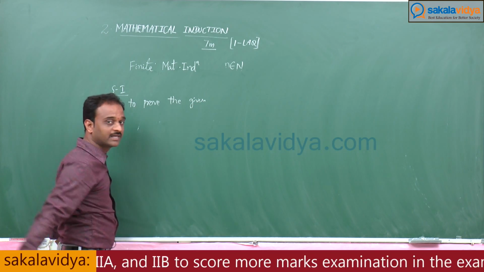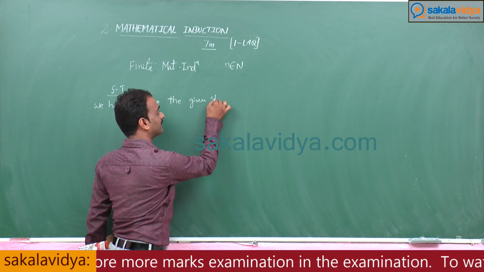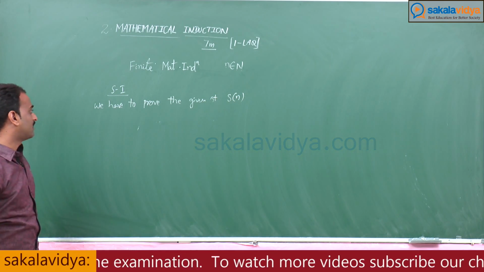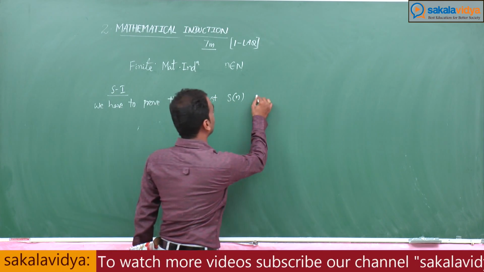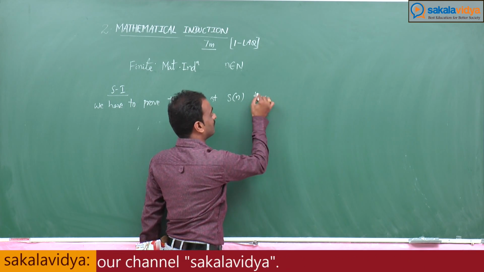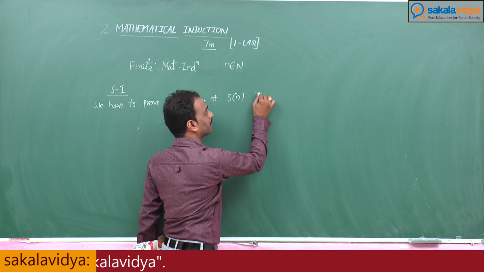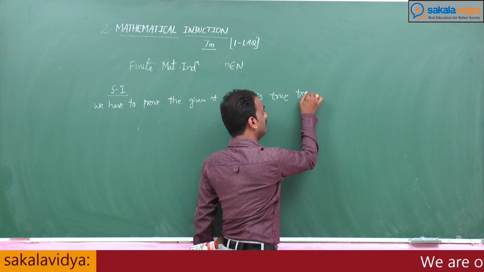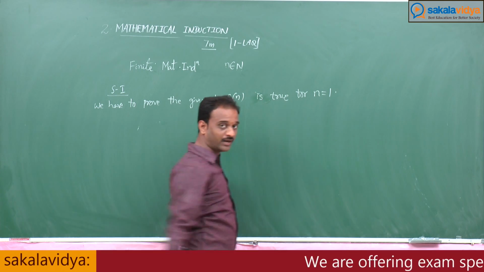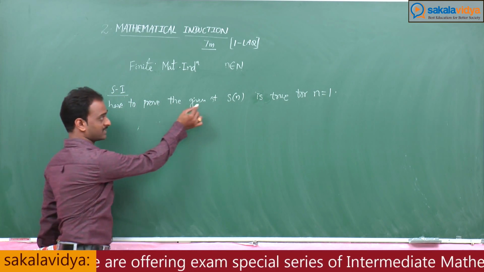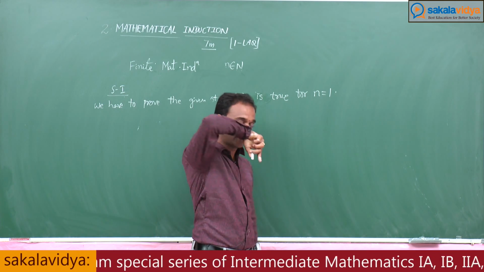Suppose that S of n be the given statement. Step 1 is we have to prove the given statement S of n is true for n is equals to 1.